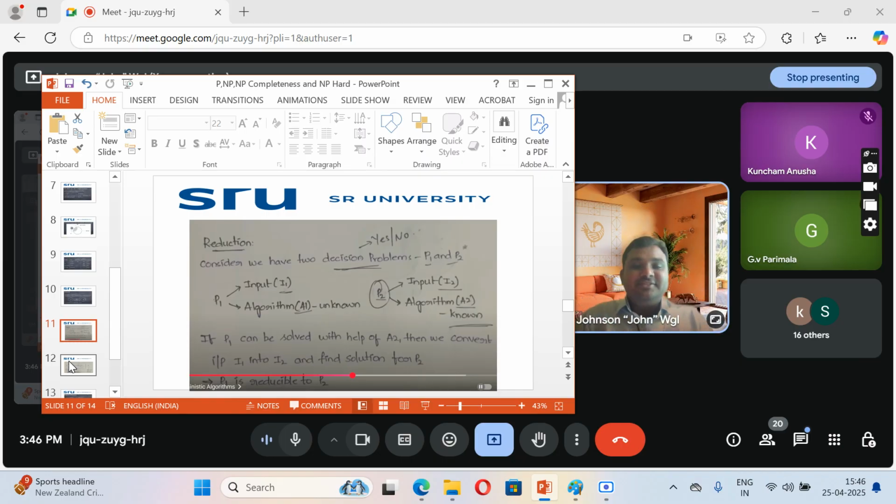P1 has input I1 and algorithm A1 unknown, we don't know the algorithm. P2 has input I2 and algorithm A2, known. Example, the traveling salesman problem is P1, we don't know it, but we know the minimum spanning tree Prim's algorithm, pre-order traversal, and the Hamiltonian cycle.